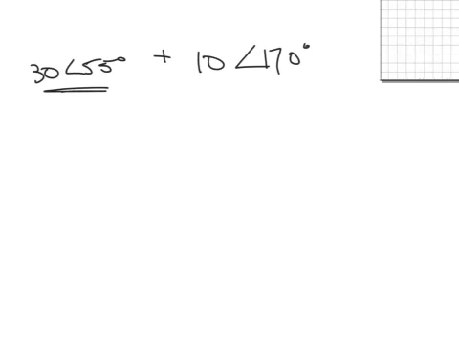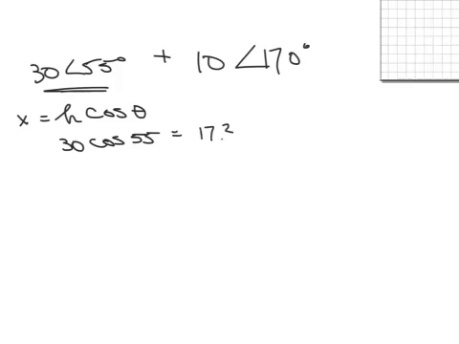This one right here, my x value is going to be, again, h cosine of theta, which in this case would be 30 cosine of 55, which equals 17.2.